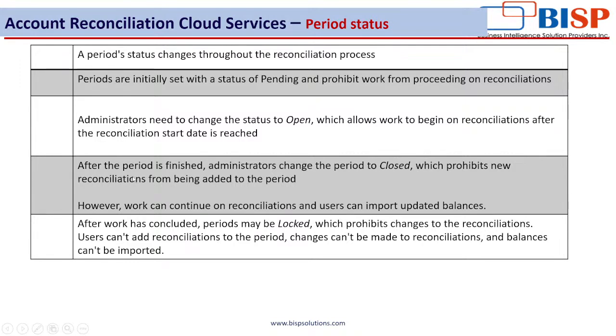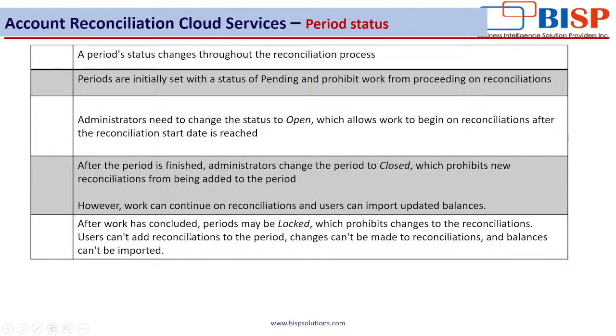The second is the closed status, which prohibits new reconciliations from being added to the period. As I said just now, in a closed period new reconciliations cannot be added, but the resources can work on the existing reconciliations already in that period.